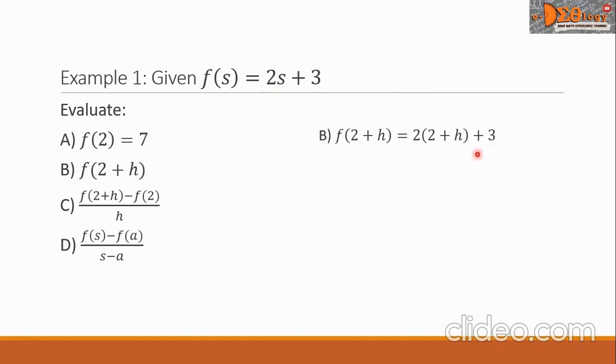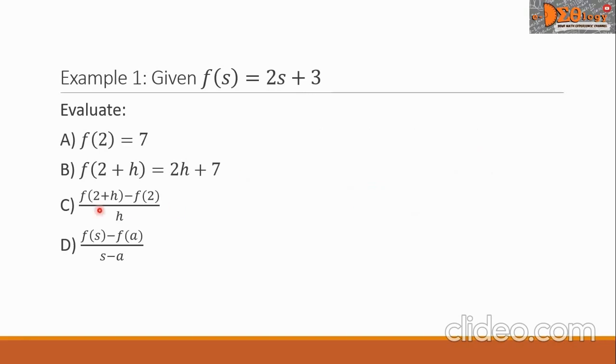Simplifying this, 2 times 2 will be 4, and 2 times h is 2h, then plus 3. We will now add together 4 and 3. It becomes 7. So our final answer here is 2h plus 7. Then we simply copy this answer in here.